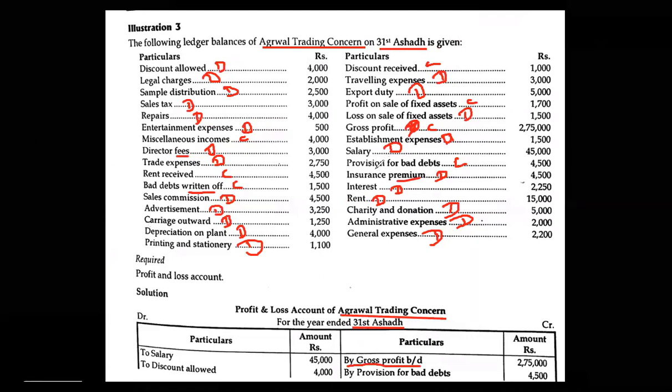Okay, one thing I can tell you. This one, bad debt written off, is not a credit, this is the debit. Sorry for the mistake. Bad debt written off means it is the bad debt only. It is not the recovered, it is the bad debt. It is the debit, not the credit.